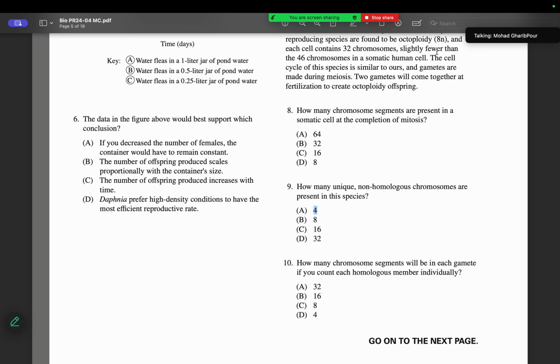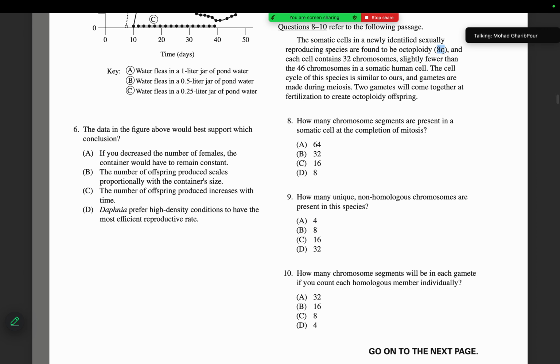All right. So 8N means you have 8 pairs of homologous chromosomes, meaning the chromosomes are the same, like they code for the same characteristics. So when it says how many unique non-homologous, basically if you just ask yourself how many groups of 8 are in 32, or divide 32 by 8, or 8N equals 32.